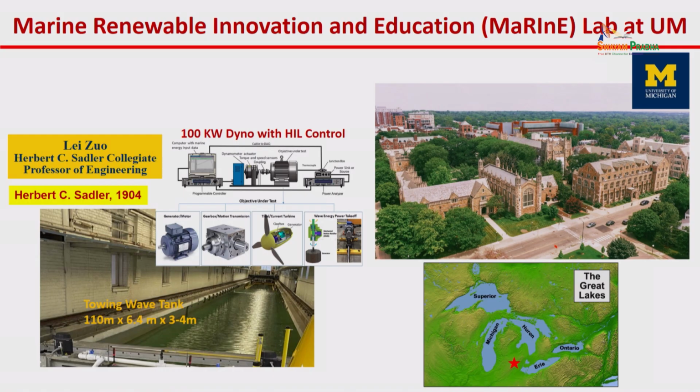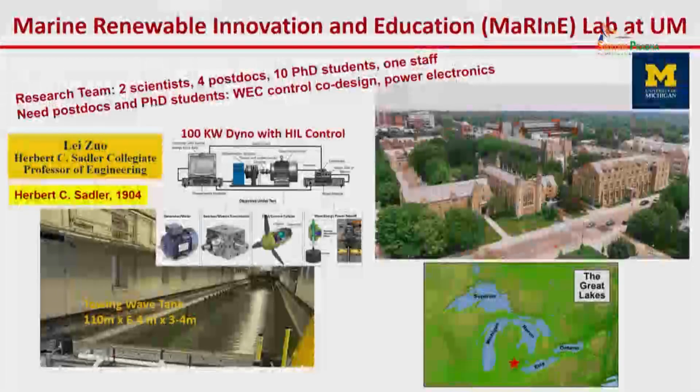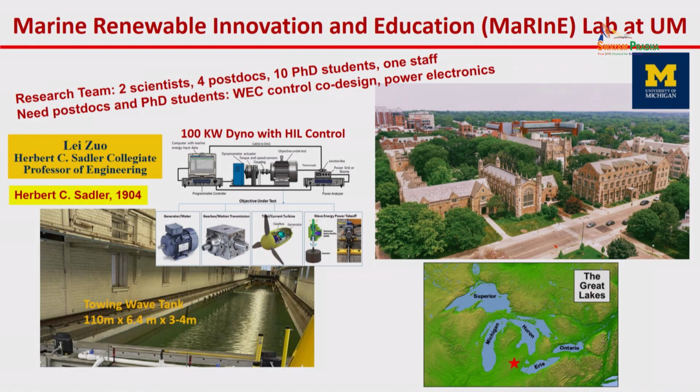Okay, and in our lab, we also have a dynamometer system. We can use it for PTO tests. Currently in my lab, we have 2 scientists, including 1 scientist who is currently in India visiting his family. We have 4 postdocs, 10 PhD students, and 1 staff member who is the managing director of the Go Blue Center.